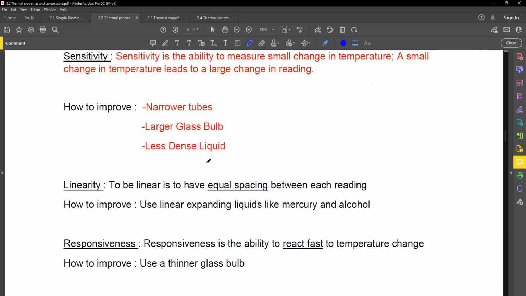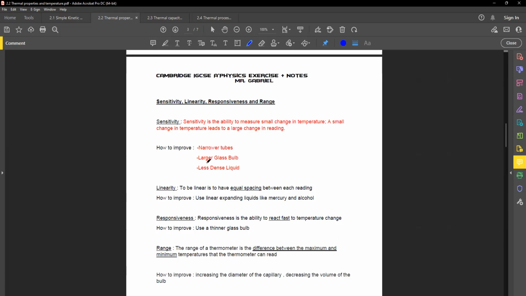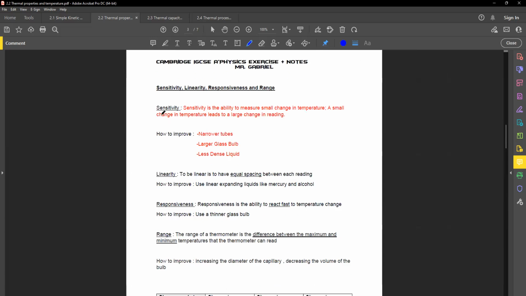Then this page is arguably the most important page in this whole chapter, right? Basically, this talks about sensitivity, linearity, and responsiveness.